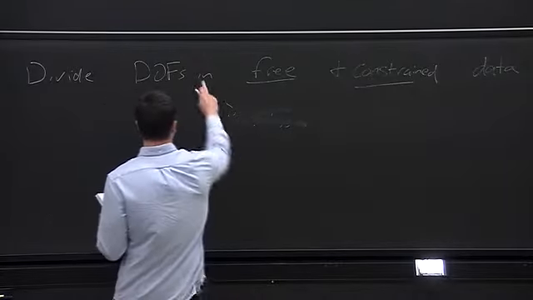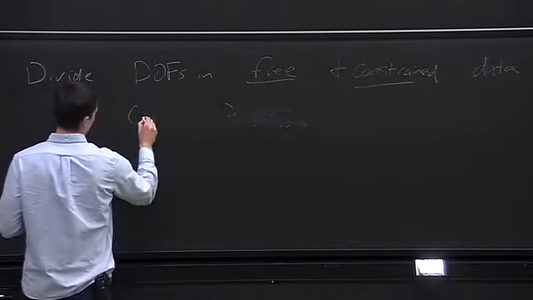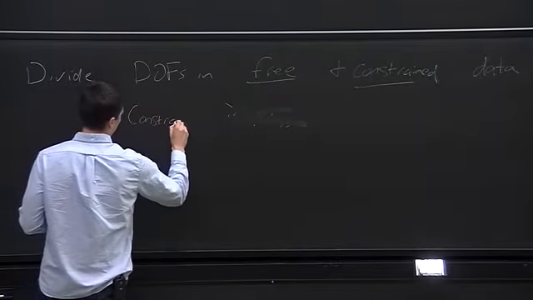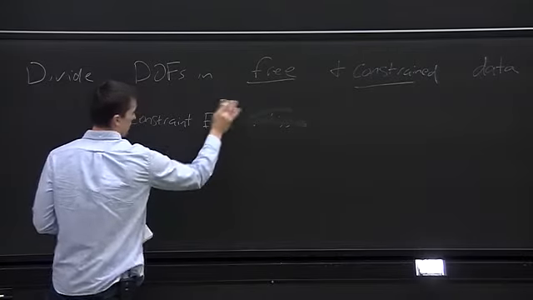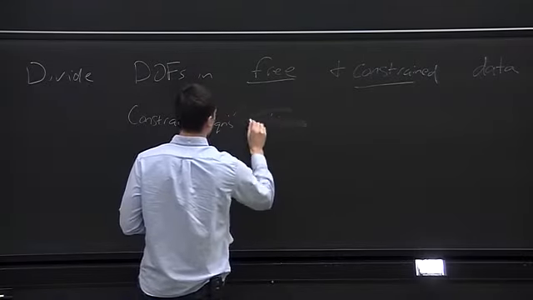So if we just count these degrees of freedom, we can see that we have 4 constraint equations, the Hamiltonian and the 3 components of the momentum constraint.